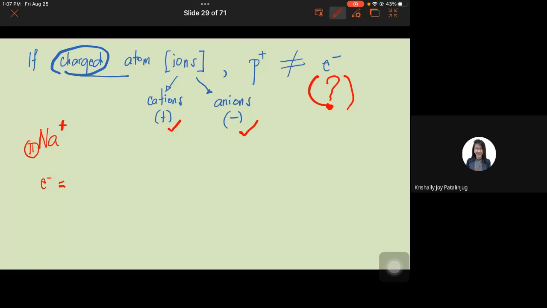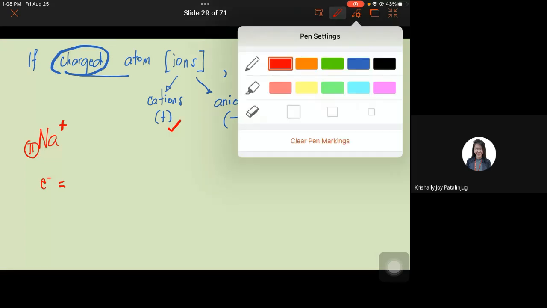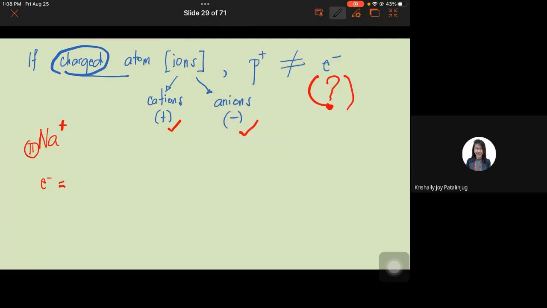The charge that is being carried by the atom will help you identify if that particular atom loses or gains electrons. So just take note, if it carries a positive charge, okay, meaning to say that atom loses electrons.